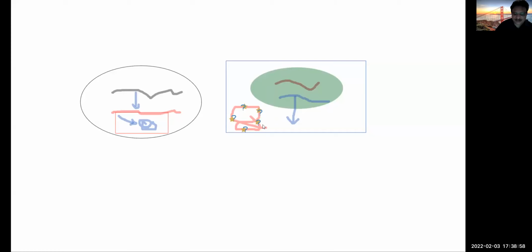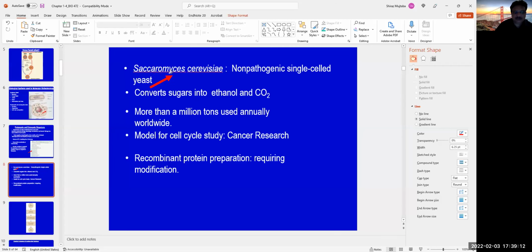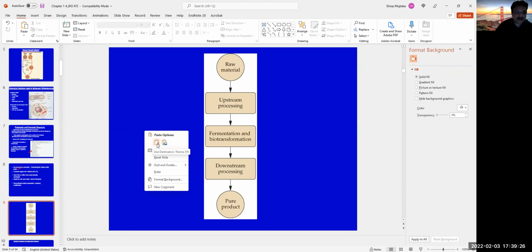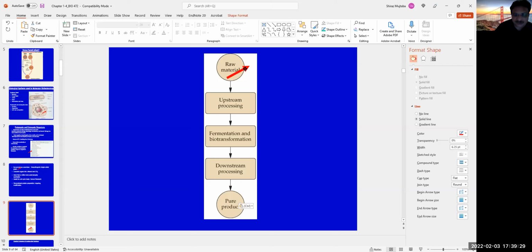So it is always wise that if you need a protein for therapeutic purpose or for functional purpose, then it is a good idea to express or to produce the protein in yeast, because yeast is a eukaryote. So they have those battery of enzymes that can be used to modify proteins. And secondly, in presence of various chemicals, yeast can be used for fermentation, and this fermentation can scale up the production of proteins.